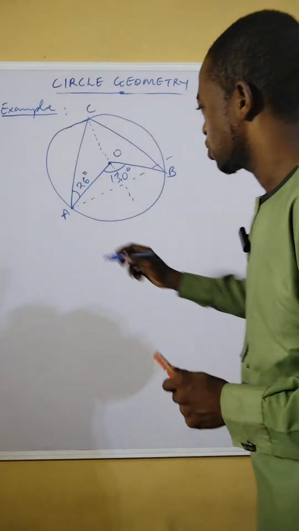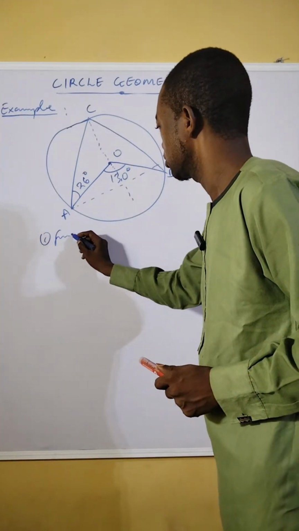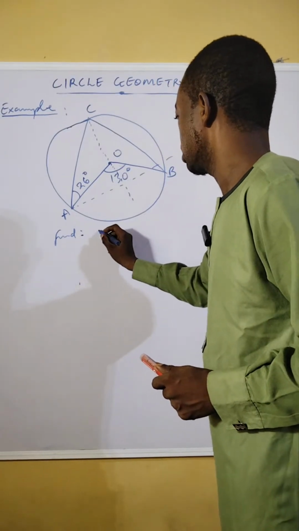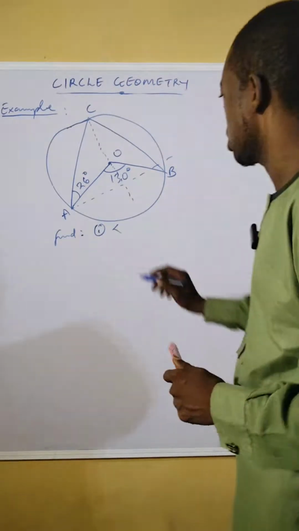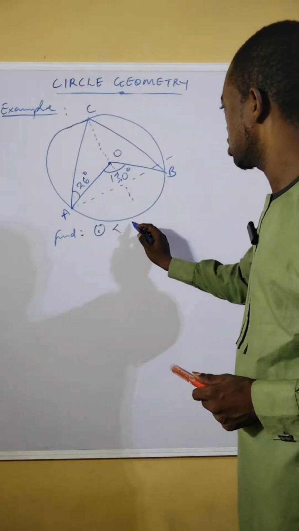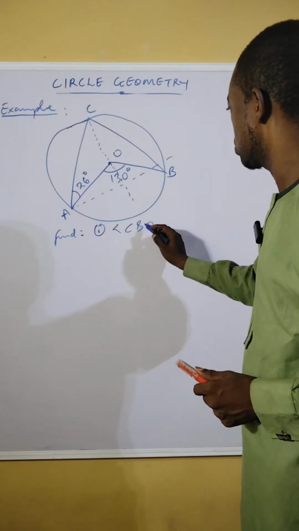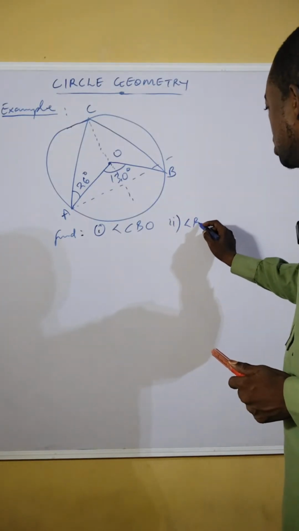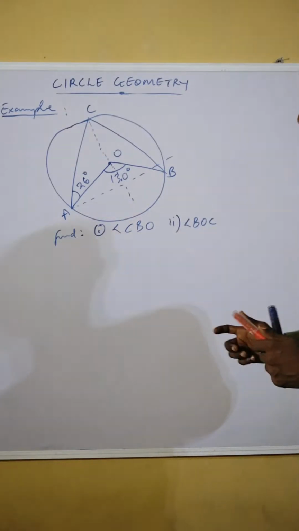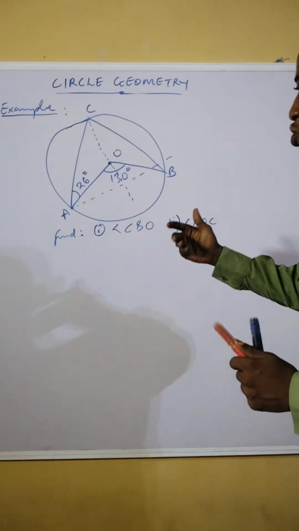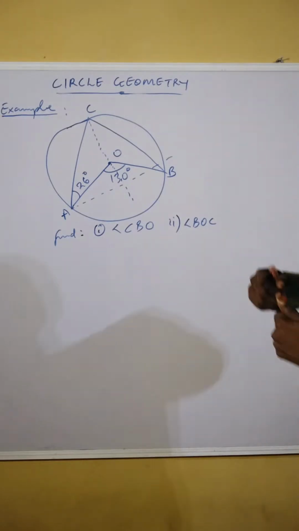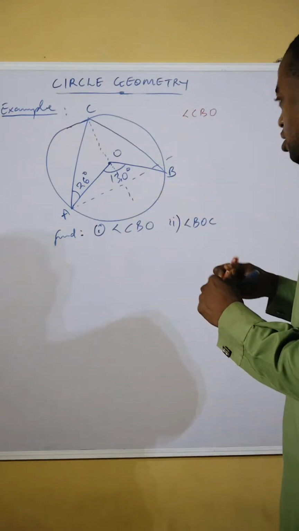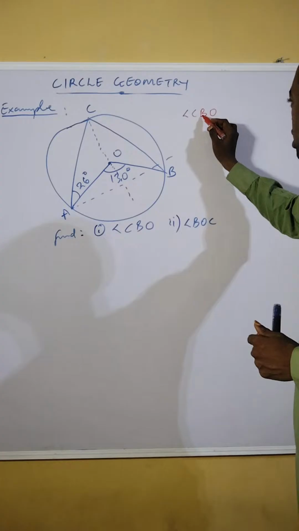And the question says, one, find the value of angle CBO, and also two, angle BOC. So we are finding two angles here. We should know which angle we are finding. When we have three letters this way, CBO, it means that the one in the middle, B, is the reference point.